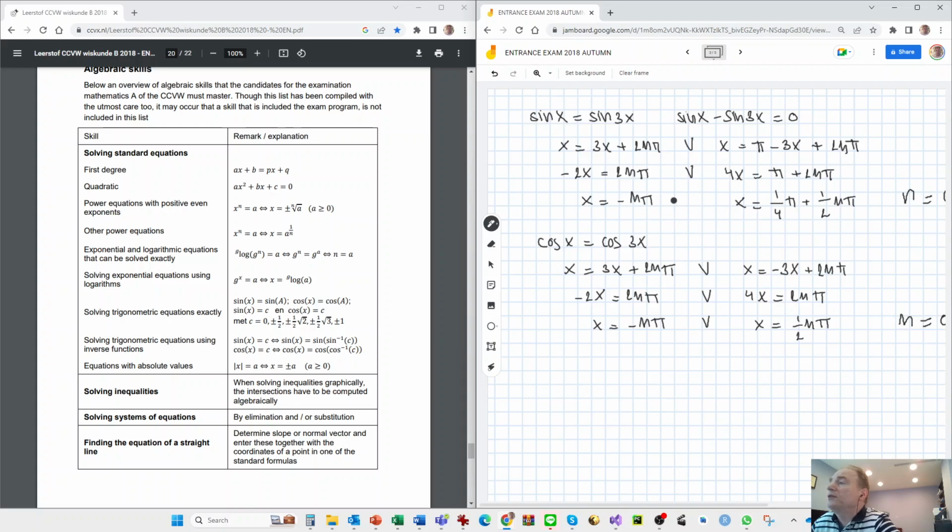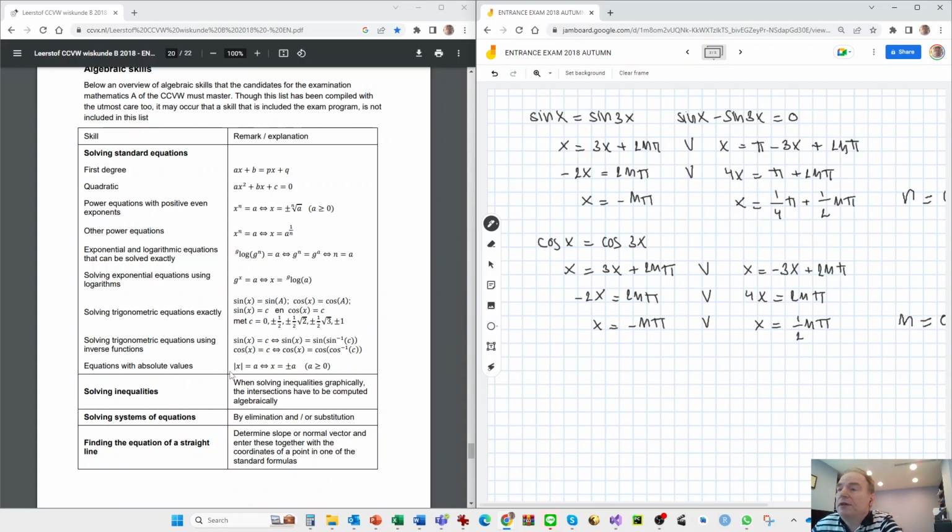And if you work this all out, I won't do this here. You can stop the video if you want to look at it. You get this set of solutions, and in particular with this you can have many solutions within a given domain, because it's 1/2 n pi. So this can be 0, can be 1/2 pi, can be pi, etc. And a similar thing for the cosine. So yeah, these are tricky, and I think you could see them in the exams.